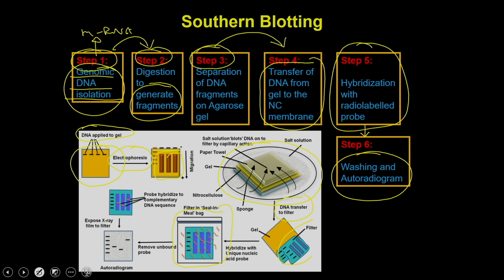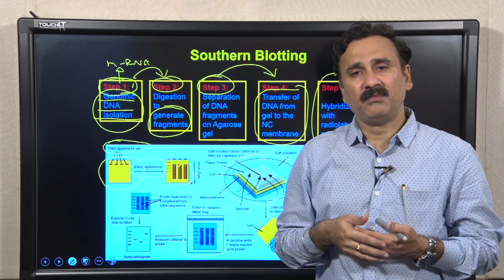So, these are the 6 different steps you have to perform to complete the southern blotting. The steps are almost the same as for the northern blotting, except that here your target sample is the DNA instead of the messenger RNA.